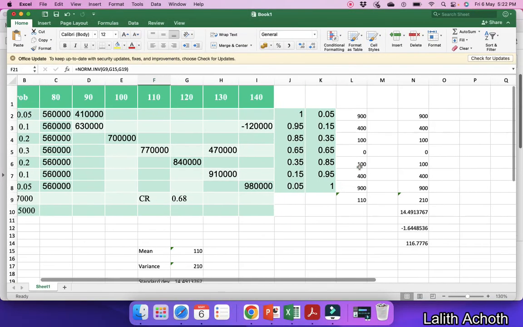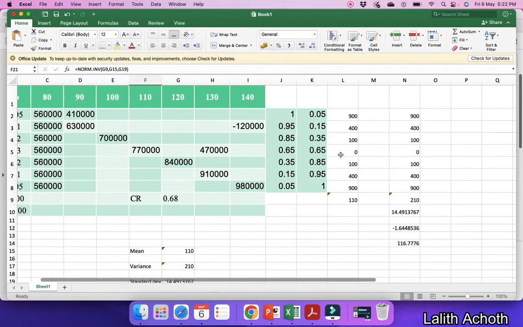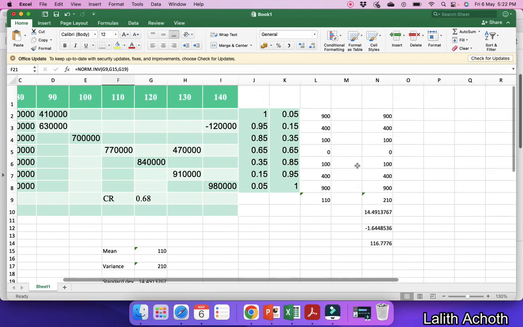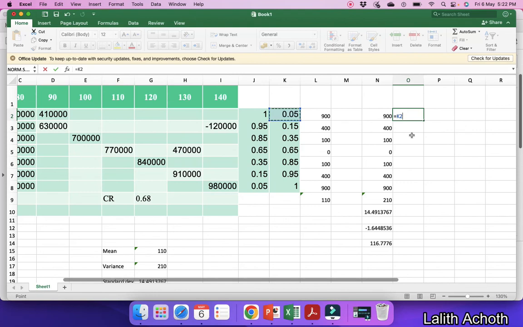Now let me go back to this example, where we've got the cumulatives. Okay, let's work it out. We'll go the same reverse way. We decided that 0.68 is somewhere over here.